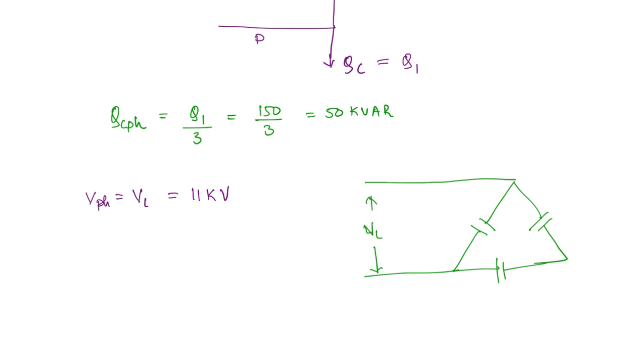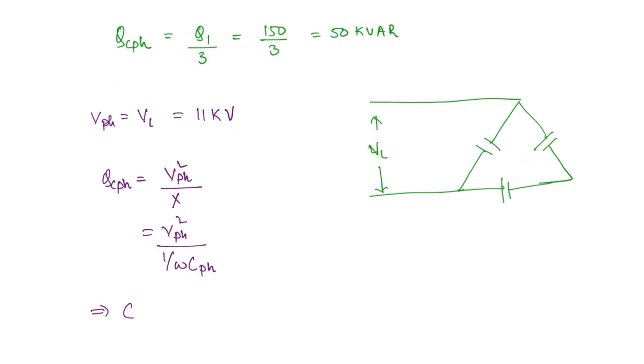Okay, so now once we know the voltage across the capacitance and the reactive power, what will be the relation here? QC phase is going to be the phase voltage squared divided by the reactance. So this is going to be V phase square divided by 1 by omega C. This is per phase value.